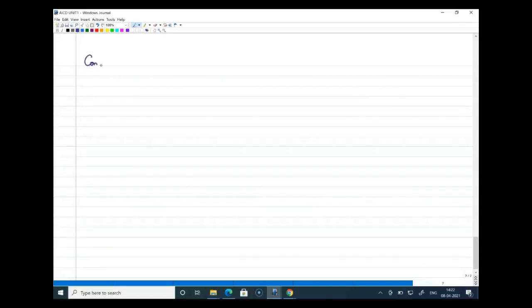The various components which are available on an integrated circuit. So what are the various components available on an integrated circuit? Can you respond in the chat box?